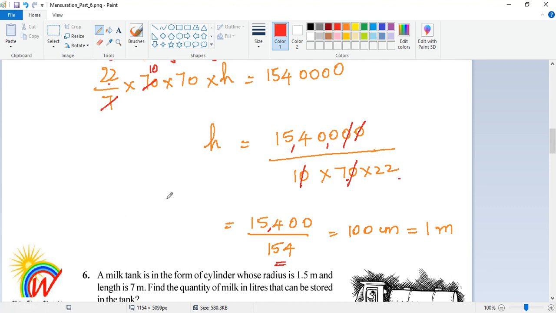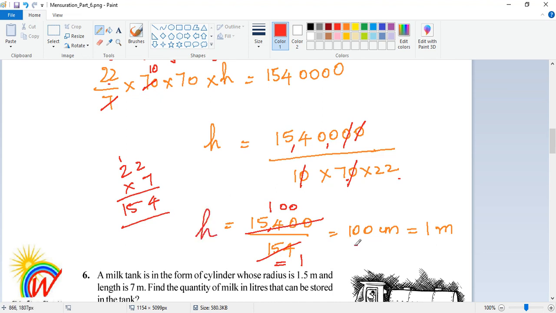You can check: 7 2s are 14, and 7 2s are 14, so 154. Now 154 ones are 154, 154 ones are 154, and 2 zeros get attached. So we have found the height to be 100 centimeter, and we know that 100 centimeter is actually 1 meter. So either you give the answer as 100 centimeter or you write 1 meter. It's correct. Both are accepted.